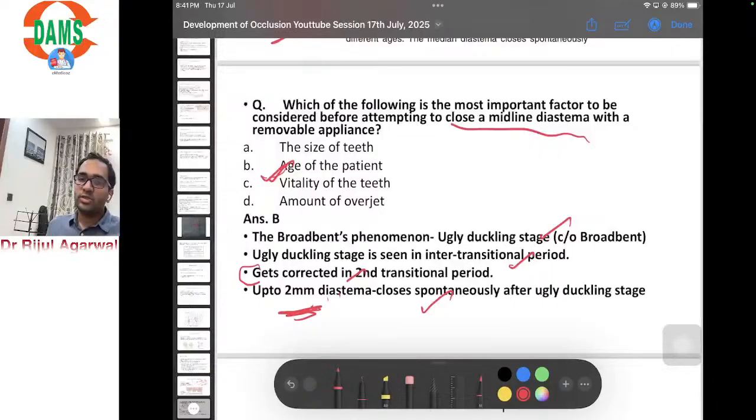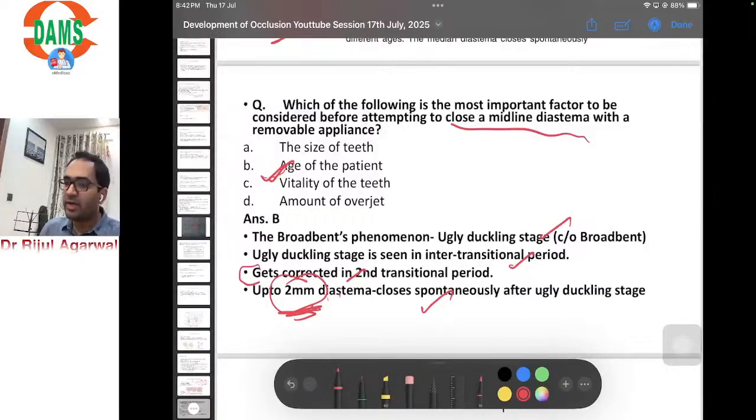Now students say, sir, you said that 2 mm diastema can be closed spontaneously, and the diastema measurement was more than 2 mm, so we take the option that we'll start fixed orthodontic treatment, or do a frenectomy at this stage to close the diastema. No. You need to wait for this stage to pass before attempting to close any amount of diastema. This is just numerical data for you to remember that a 2 mm diastema closes spontaneously.